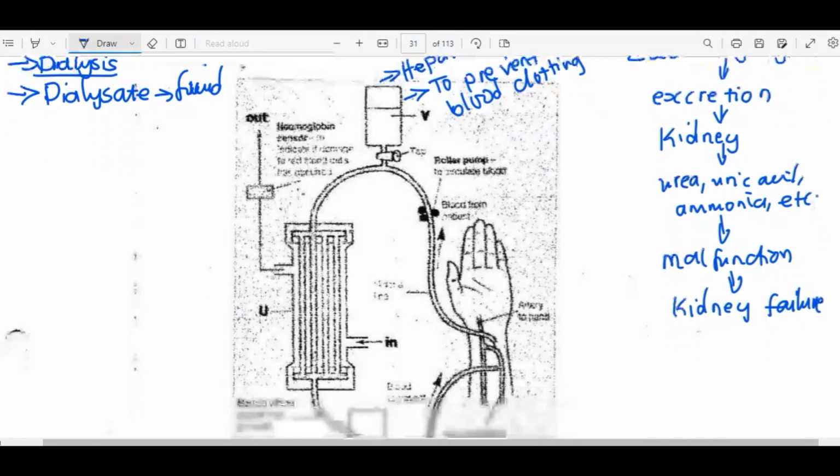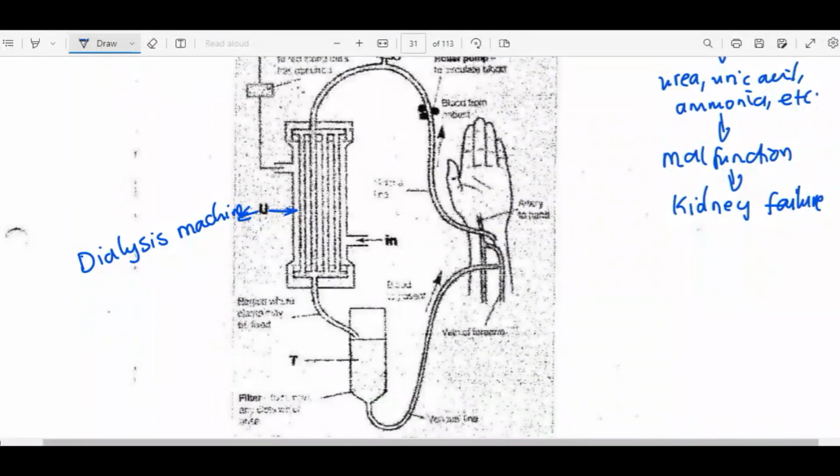Then we have structure U. As we can see the arrow, structure U is our dialysis machine. Then what else? We also have structure T. Structure T is known as the bubble trap.